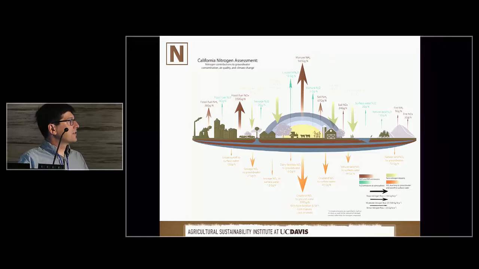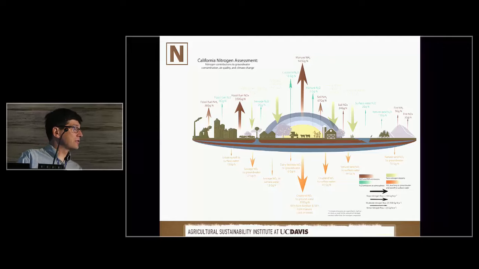The dark brown is emissions of NOx or ammonia. The teal color is emissions of N2O from these different land uses, so from urban lands, croplands, natural lands. And then the orange colors below represent leaching of nitrogen to groundwater and surface waters. And the relative size of the arrows indicates the size of the flows.